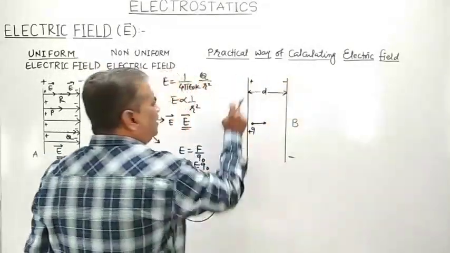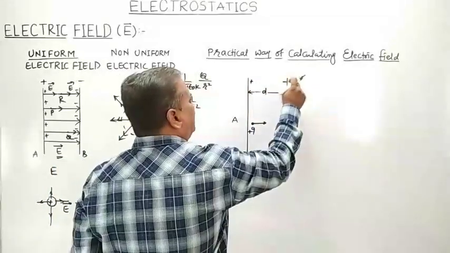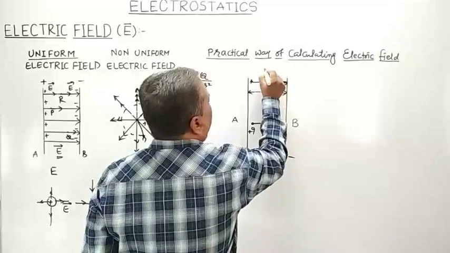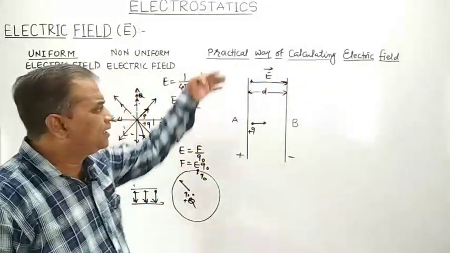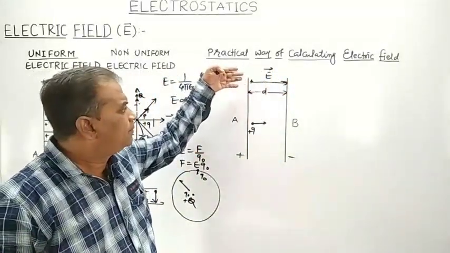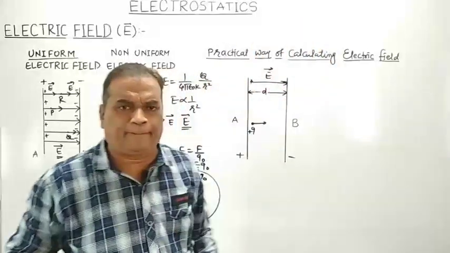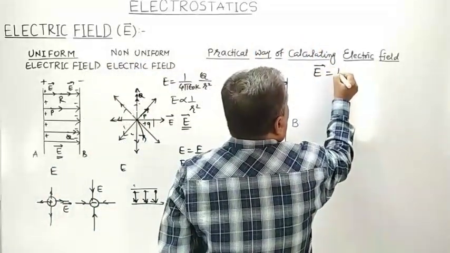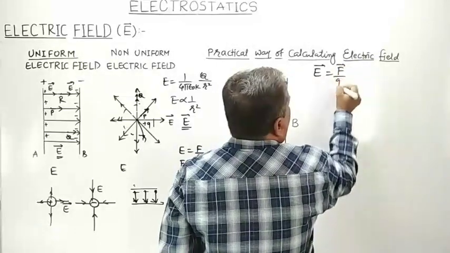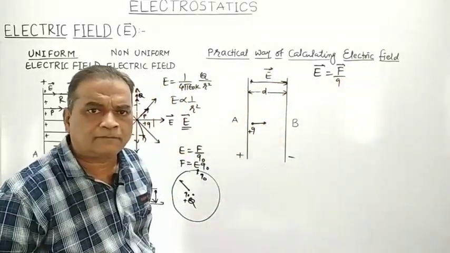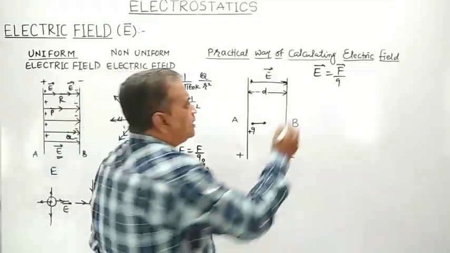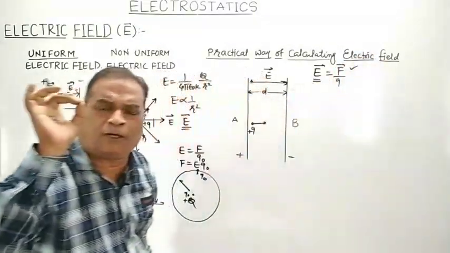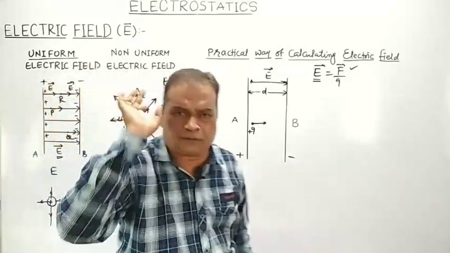As A is given positive charge and B is given negative charge, the direction of electric field intensity is pointing from plate A towards plate B, and because E is equal to F divided by q, the direction of electric intensity is the same as that of the Coulomb force.